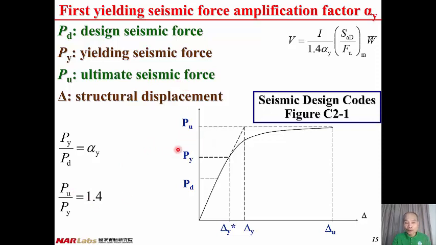And 1.4 here accounts for the redundancy of the structure and the strength hardening of the structure. The reason to have 1.4 times is that the structure itself is redundant, the redundancy of a building is so high, and the material itself has a strength hardening property. Therefore, we have 1.4 here.